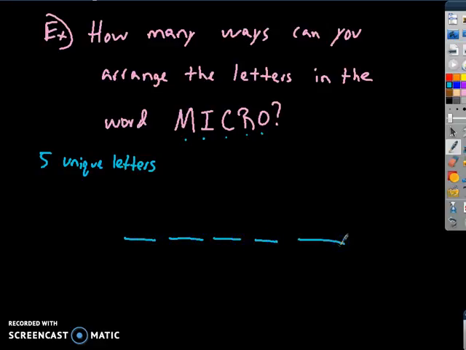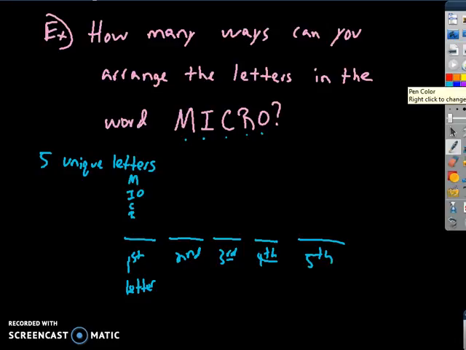So this is the first letter, second letter, third letter, fourth, fifth letter. So the first letter, it could be M, it could be I, it could be C, it could be R, or it could be O. It could be any of those. So truthfully, we have 5 different options for this first letter.